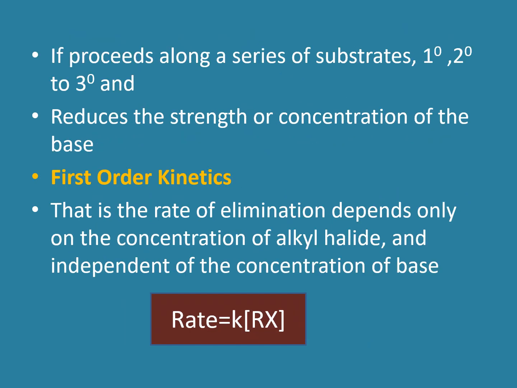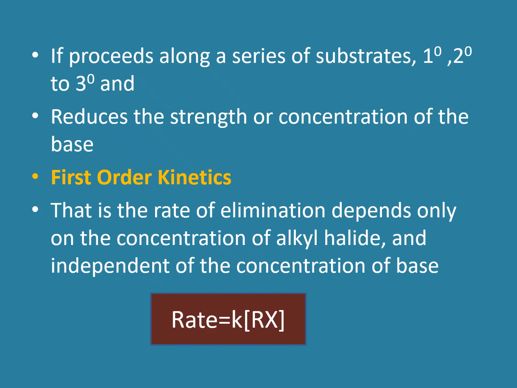And it proceeds along a series of substrates like primary, secondary or tertiary alkyl halides, and if we reduce the strength or concentration of the base used, then this dehydrohalogenation follows first order kinetics.